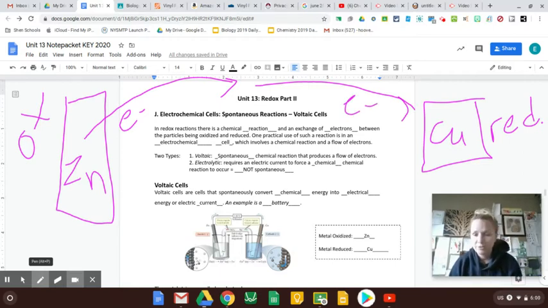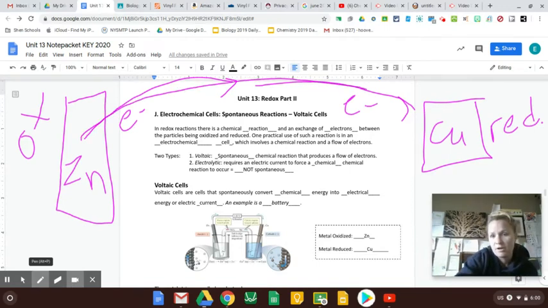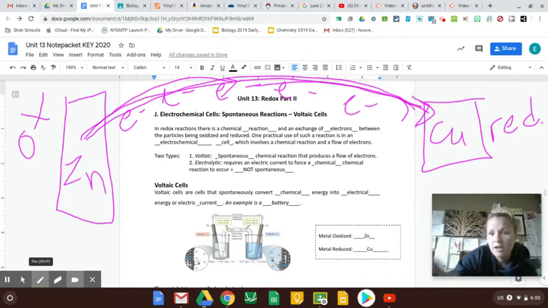So when you have two metals, one losing, one gaining electrons, now you have a flow of electrons. And what do you call a flow of electrons? You call it an electrical current. That's why it's called electricity, because it's made of electrons.